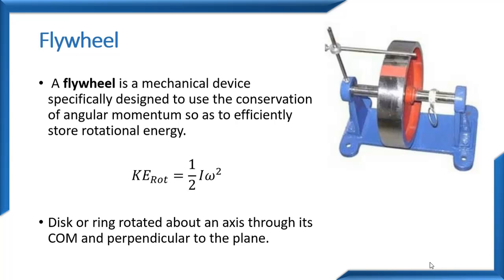Angular momentum is conserved implies angular velocity omega is also conserved, and I, that is the moment of inertia of a body, is constant about an axis. Therefore, a body can efficiently store the kinetic energy. Therefore, a flywheel is a device which is used to efficiently store the rotational kinetic energy.